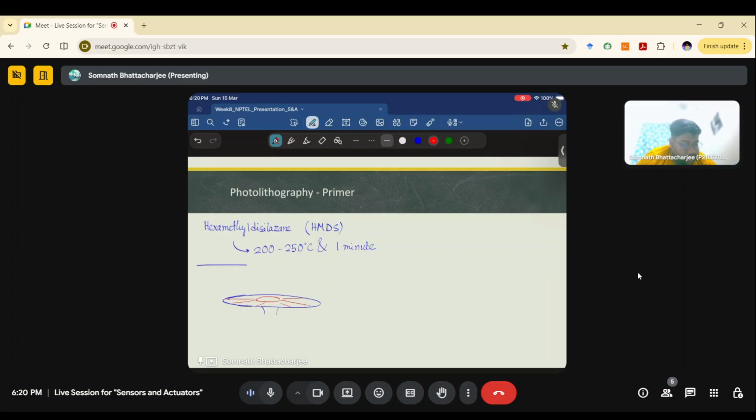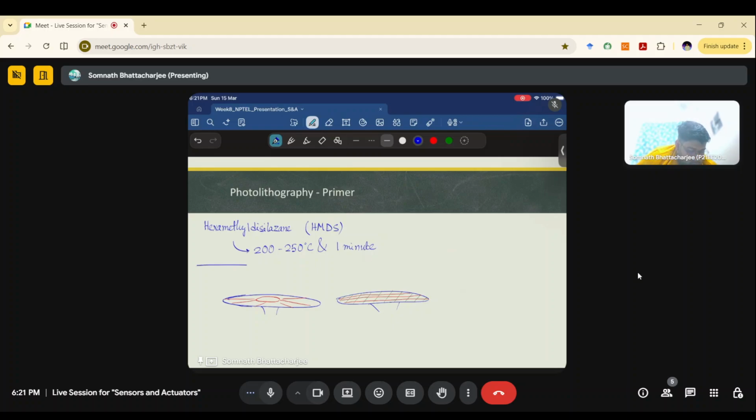But before that, if we coat it with a very thin layer of primer, it will increase the hydrophobicity of the surface, and then it will help the photoresist to be equally distributed throughout the substrate or sample.